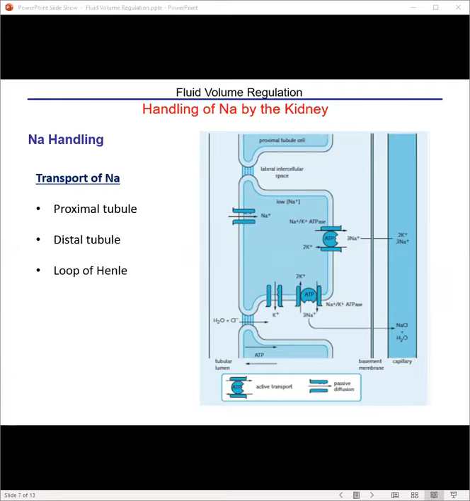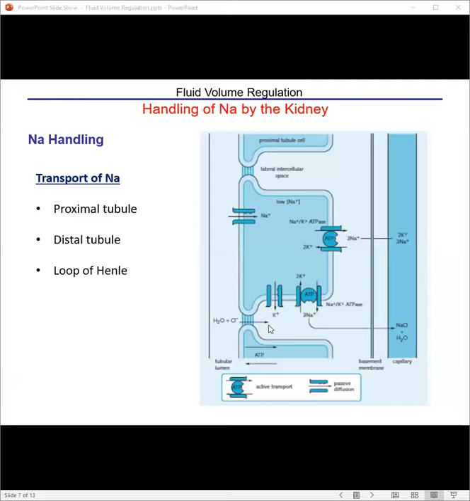And the concentration of sodium in the Bowman's capsule is equal to the plasma level, to the level found in the blood, because sodium is freely filtered in the capsule. So virtually all of the sodium filtered into the nephron is reabsorbed back into the circulation, with only about 1% or less of the sodium being excreted in the urine.